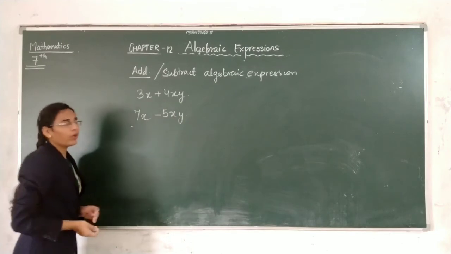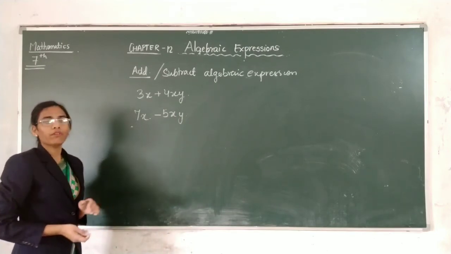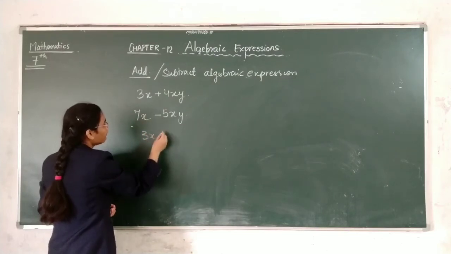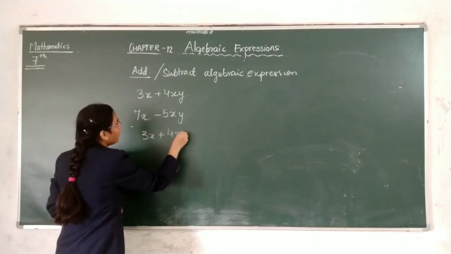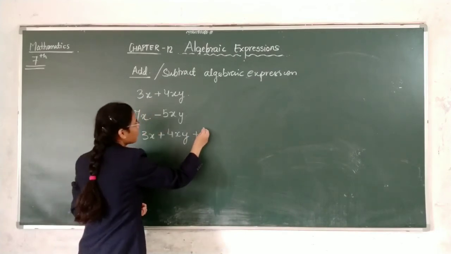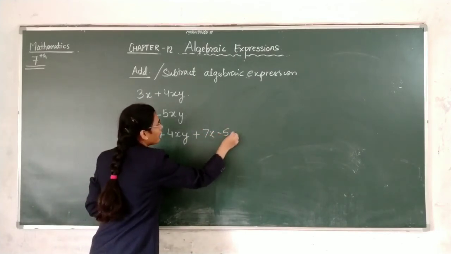If we want to add both these expressions, what will we do? First of all, we will write these two expressions in horizontal way: 3x plus 4xy, put a plus sign in between both of the expressions, 7x minus 5xy.